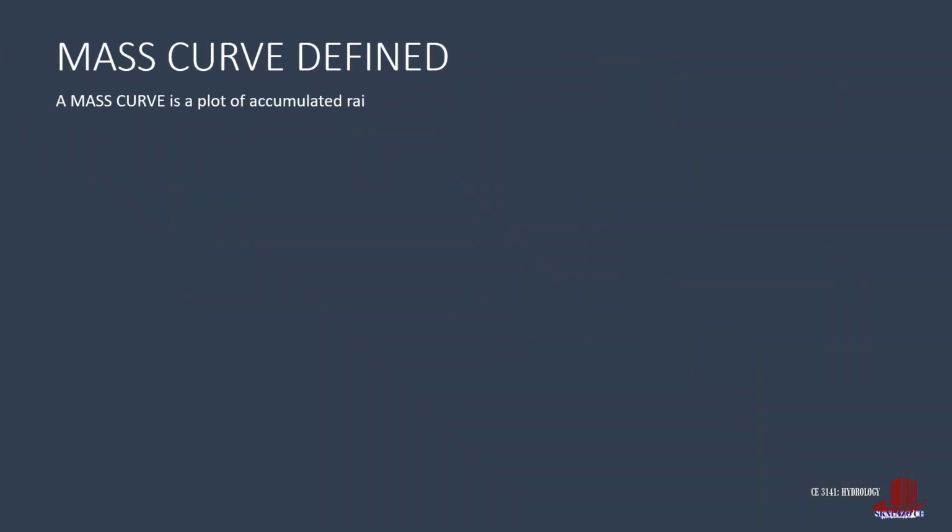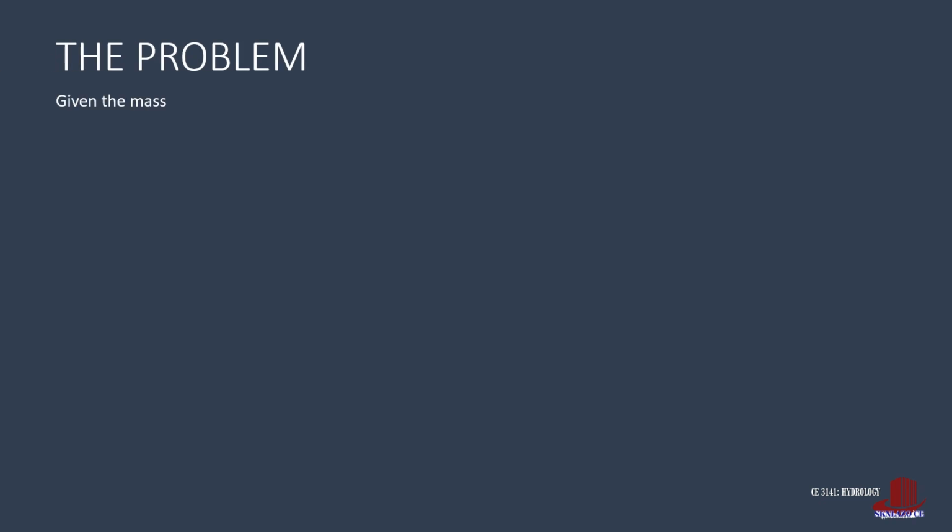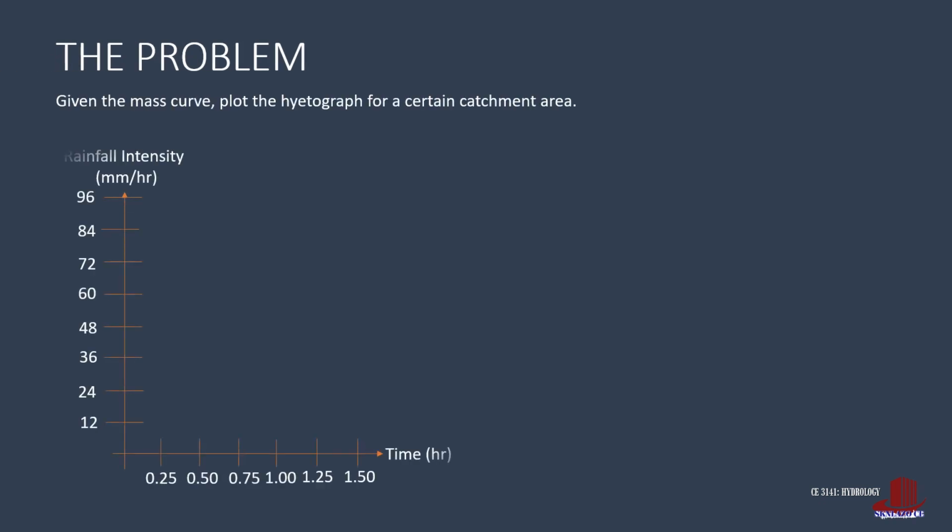A mass curve is a graph of the cumulative rainfall with its corresponding time. This is drawn as a line graph. With the provided hyetograph, we are to generate a mass curve.